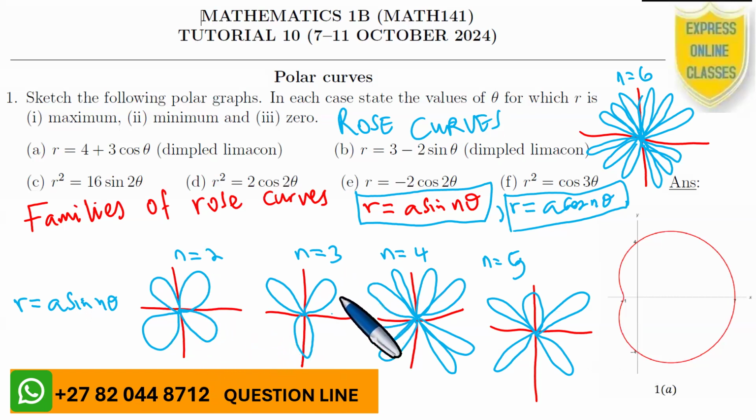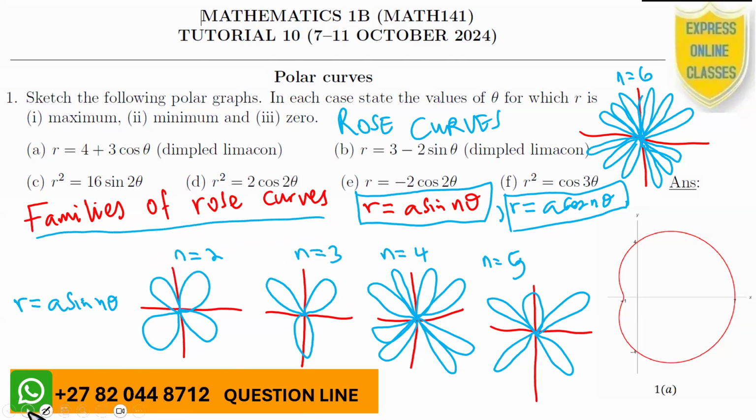If n is 3, you have 1, 2, 3. If n is 4, you have 2, 4, 2, 4. If n is 5, you have 5 roses. If n is 6, you have 3, 6, 3, 6. Okay, obviously these are the rose curves for the sine, but we're speaking about the families of rose curves.